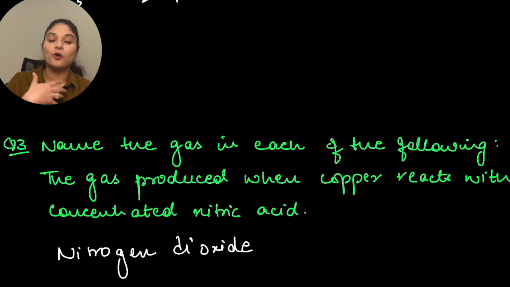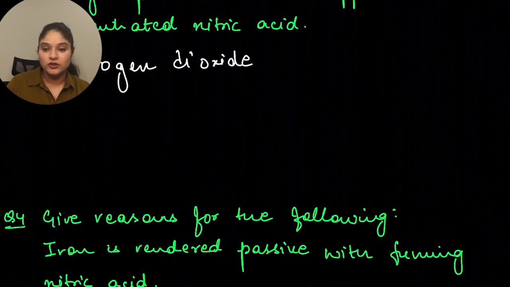So by now I hope you have realized that the reaction of nitric acid with copper is extremely important. This has been repeated multiple times over the last 10 years. So make sure that you understand very well how copper is reacting with concentrated nitric acid and how it is reacting with dilute nitric acid.